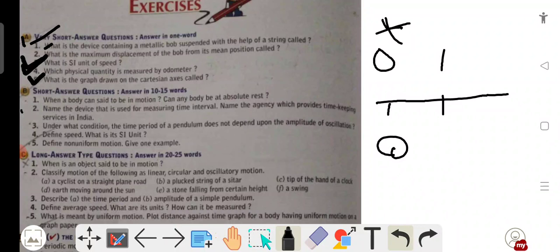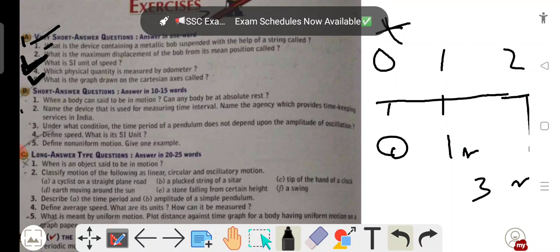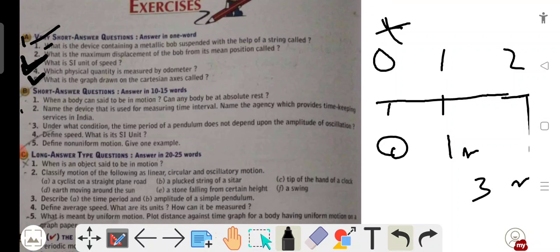In 1 second, if 1 meter is covered, and in the next 1 second, that is in 2 seconds, if 3 meters are covered, then in the first 1 second it covered 1 meter, and in the next 1 second it covered 2 meters. That speed is not uniform, it changes with equal intervals of time. That is, it is a non-uniform motion. This is an example of a non-uniform motion.